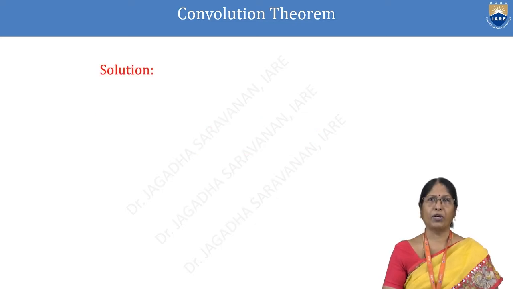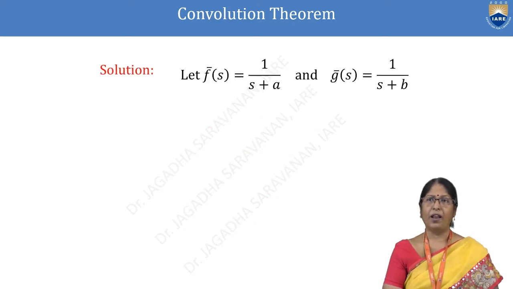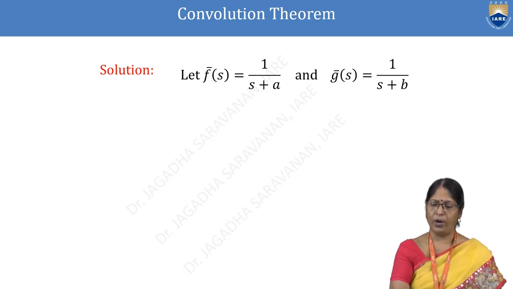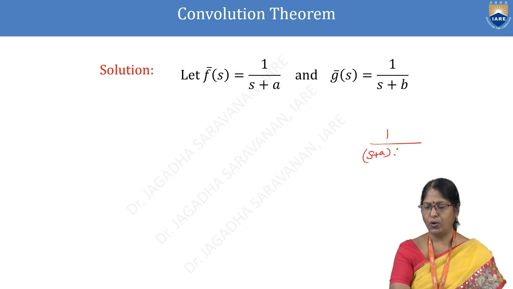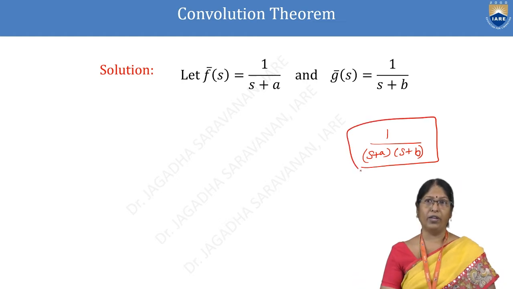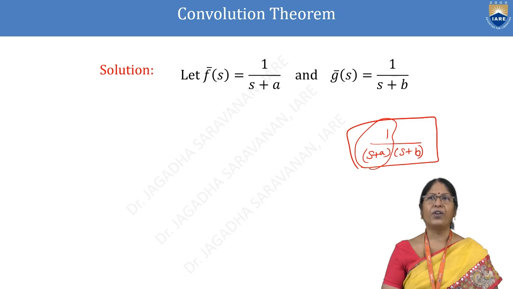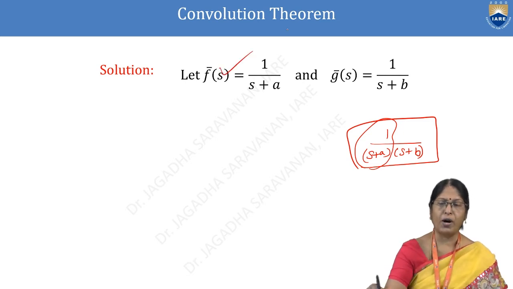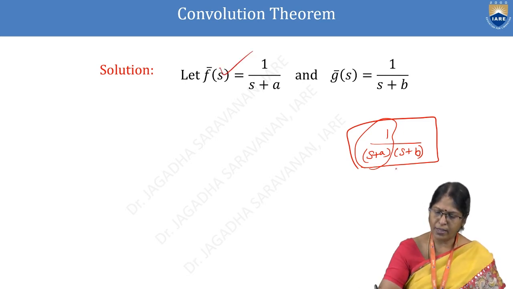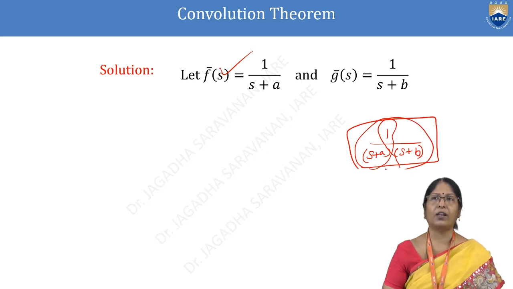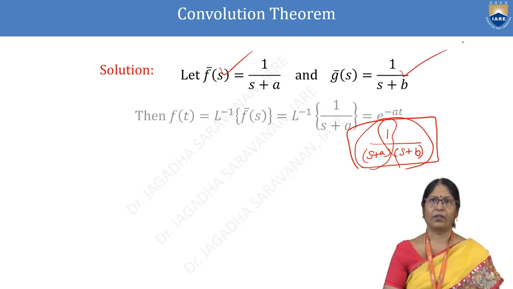Now we will concentrate on the solution. The question, which is combined, is given as 1 by s plus a into s plus b. One part we assume as f bar of s, and the other part we assume as g bar of s.